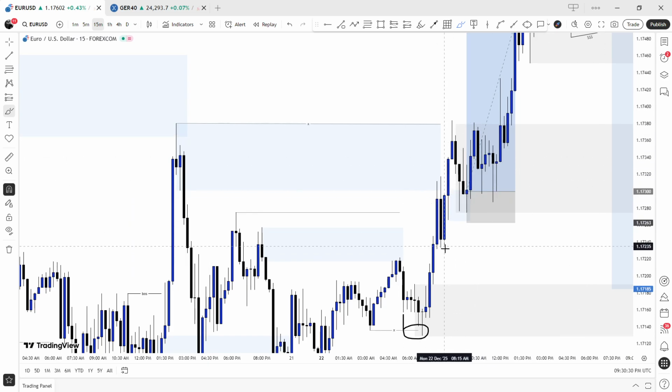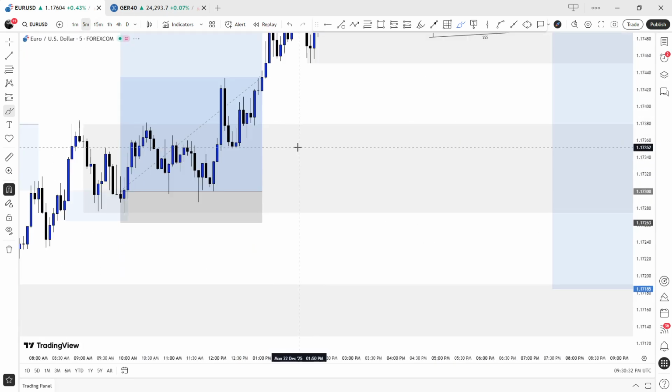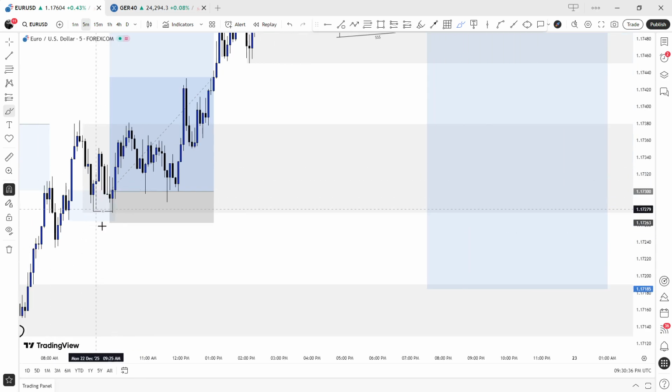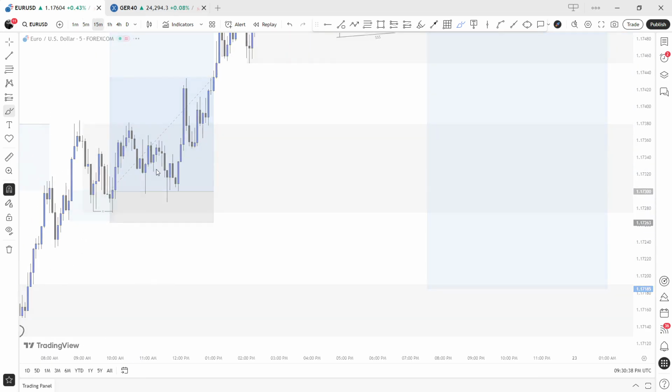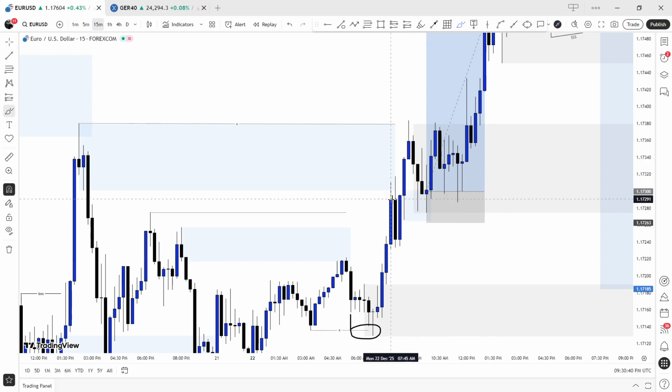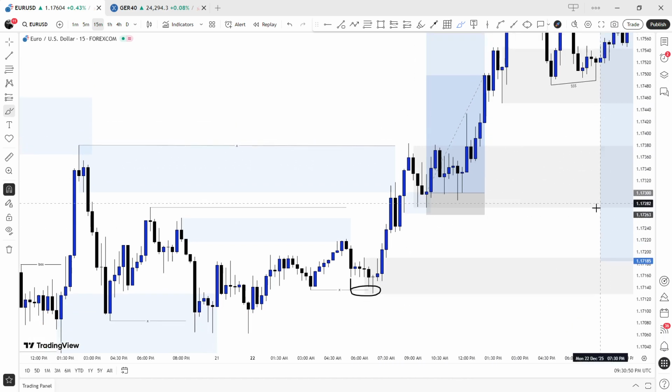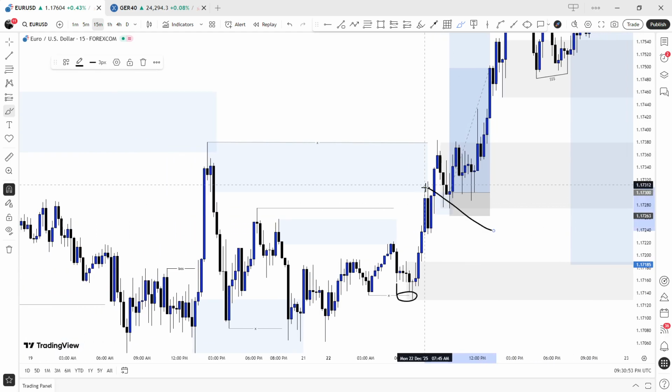Now, if we didn't get the market structure shift on the 5 minutes, I wouldn't have considered this a strong POI to be buying from. So note that although we took the POI, which was low probability, we still waited for the entry model before we took the setup. If we didn't have the entry model show up on the 5 minutes, we wouldn't have taken the setup because there was still cause for lower prices after we swept the high over here.